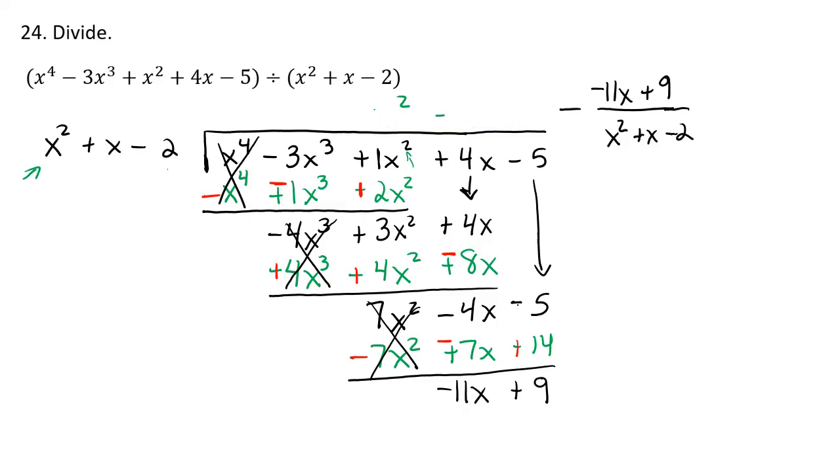Let me rewrite that. That's x squared, this was negative 4x, and this was positive 7.